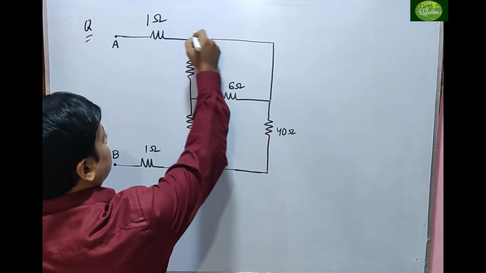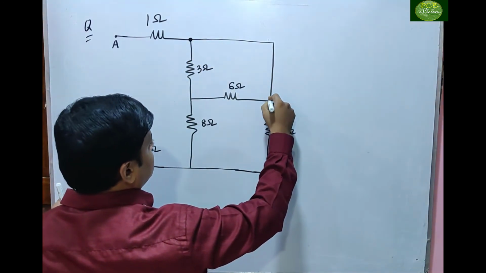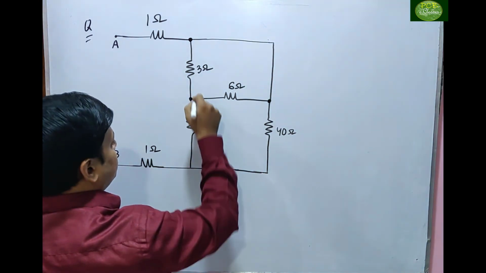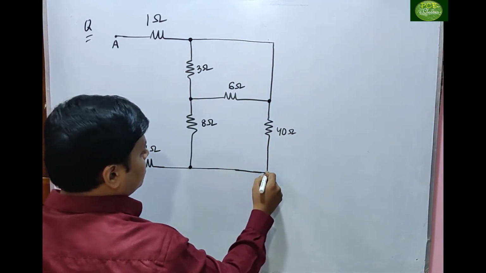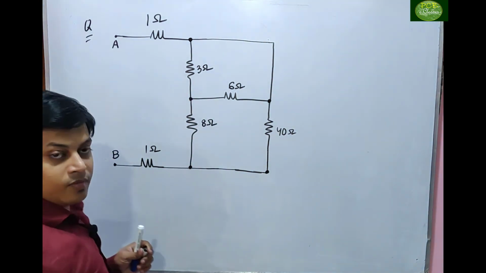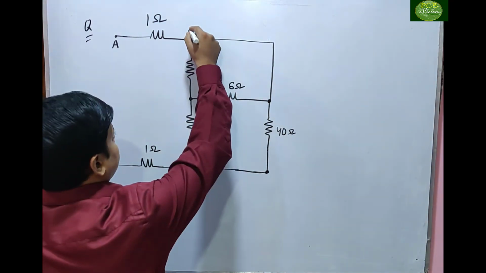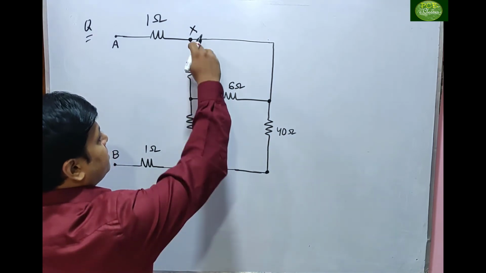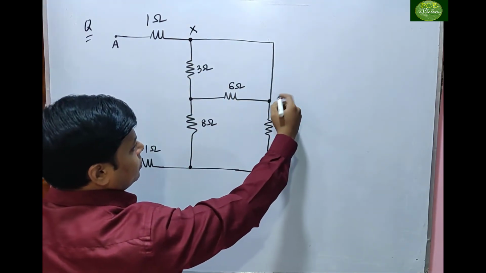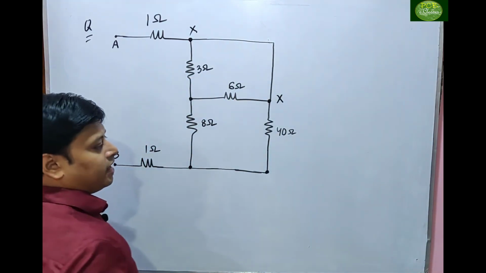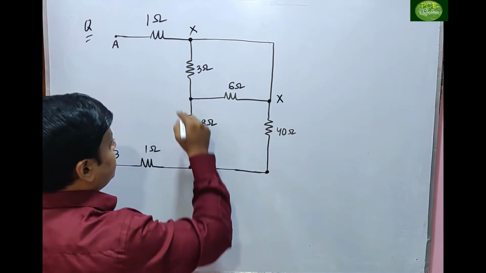Nodes. This is a node. This is a node. This is a node. This is a node. This is a node. Fine. So let us take this one as x. If this is x, is there any element here? No. That means this is also x. Let us take this one as y.